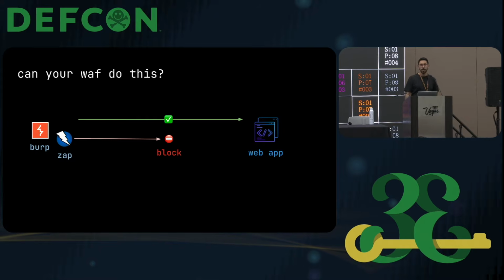Just a question before we go further. Can your WAF currently, whatever application firewall or edge service you're using in front of your production services, allow you right now to block things like Zap or Burp Suite or other tools like that?